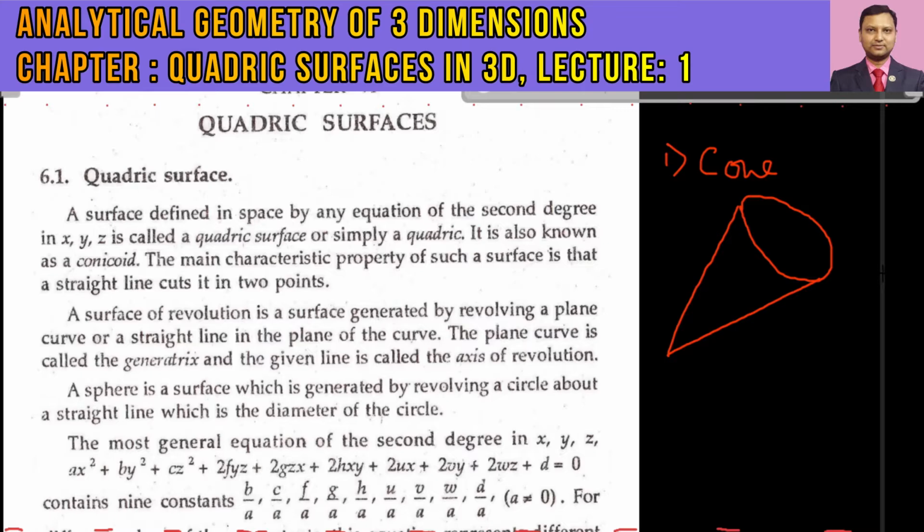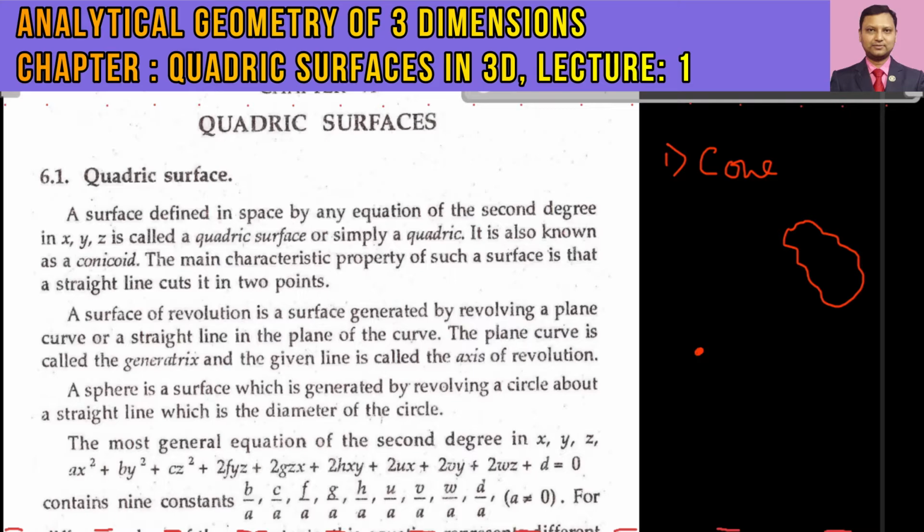So, what is the general definition of cone? The general definition of cone says that we shall have a fixed point, and we shall have a closed curve in a plane.